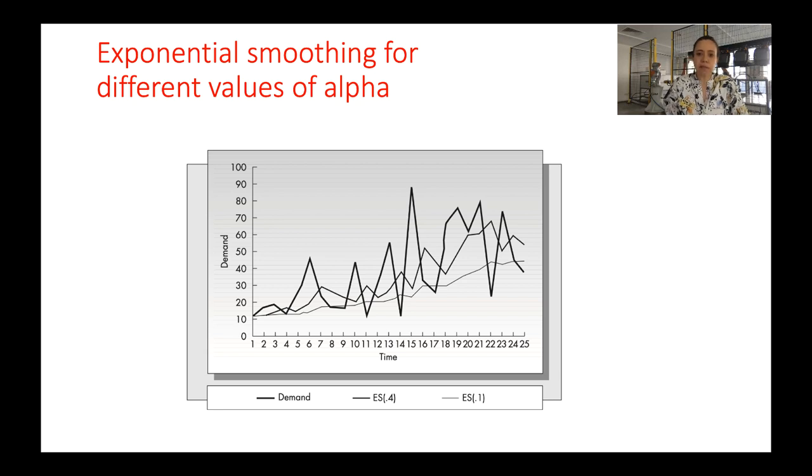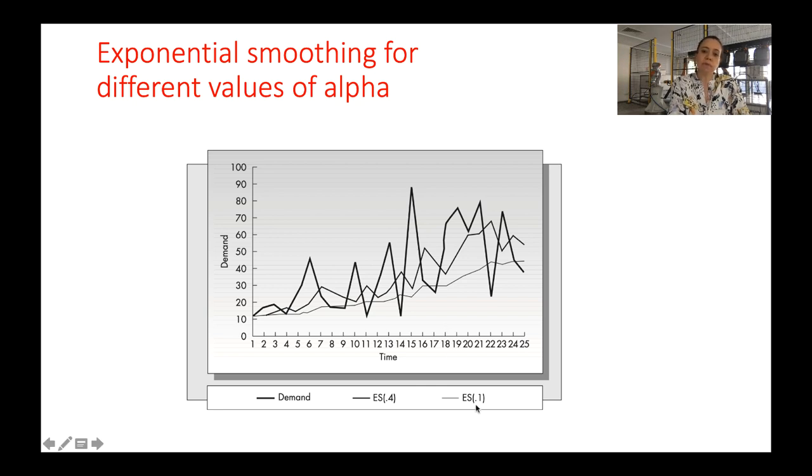Now let's see our forecast values on the graph. Here on this graph, this bold line shows the real observations, the second line shows the forecast values when we take the alpha value as 0.4, and this third line shows the forecast values when we take the alpha value as 0.1.